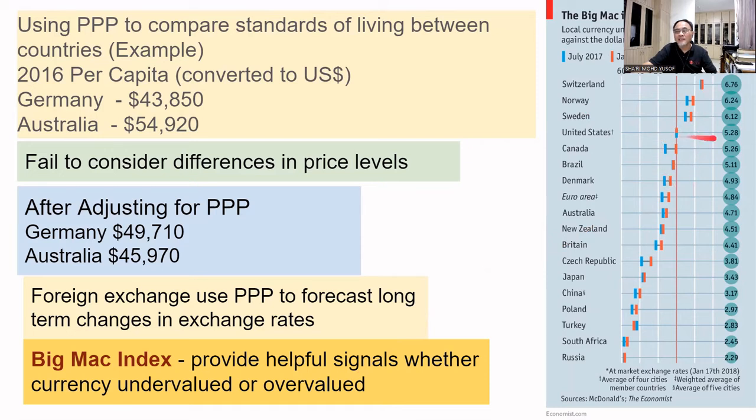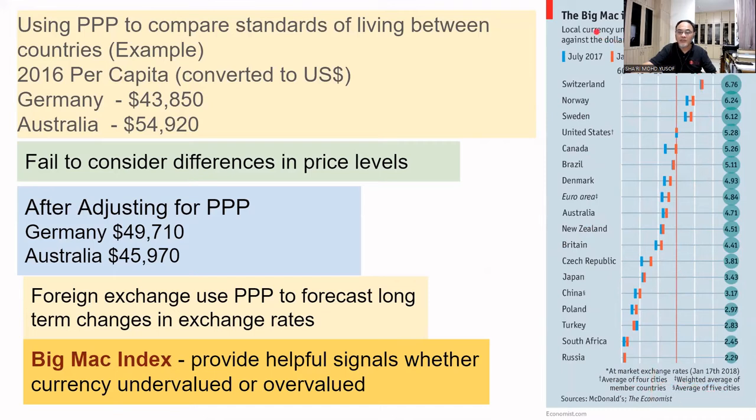Like, how much does a Big Mac cost in Switzerland, Norway? The US is actually the standard, $5.28. It's a bit cheaper in Canada, and very cheap in Russia. This is at market exchange rates on this date, January 17, an average of 4 cities and so on.